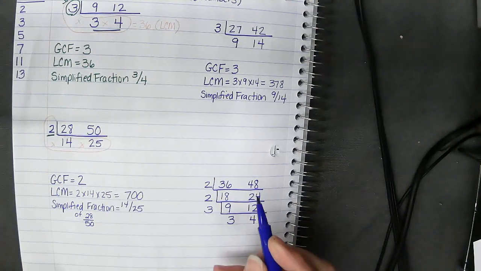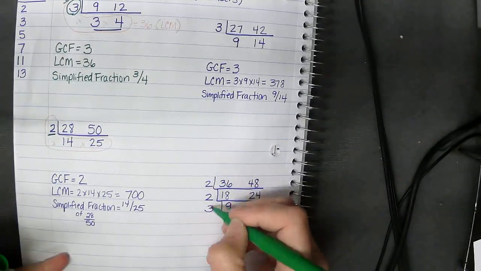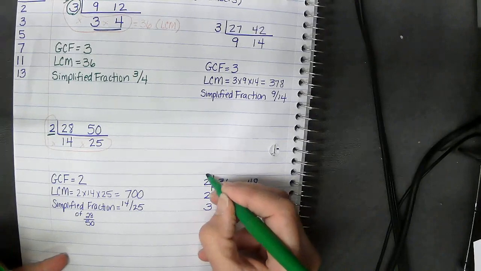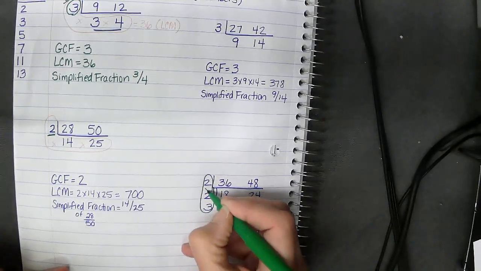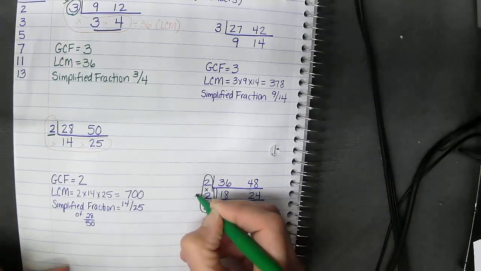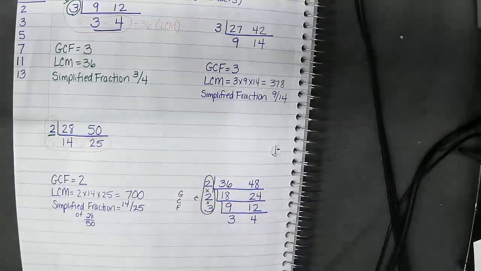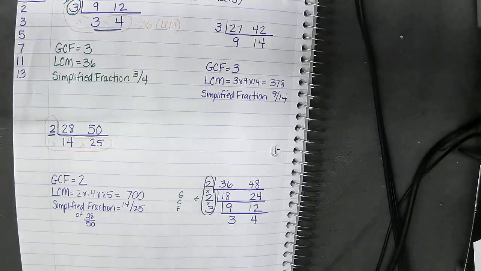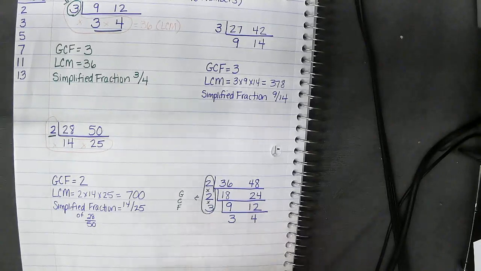So now our GCF, all the numbers that are on the side here, have to be multiplied together to get the GCF. Okay, to get the greatest common factor. So 2 times 2 is 4, times 3 is 12.